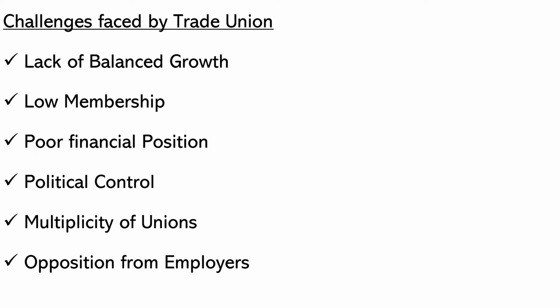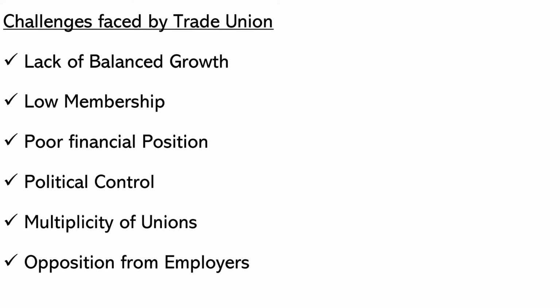Another important challenge faced by trade unions is poor financial position. They had low membership, and the subscription charges were also very low, and these trade unions were not getting much funds from anywhere else. Because of that, they had a poor financial position. Next one is political control.